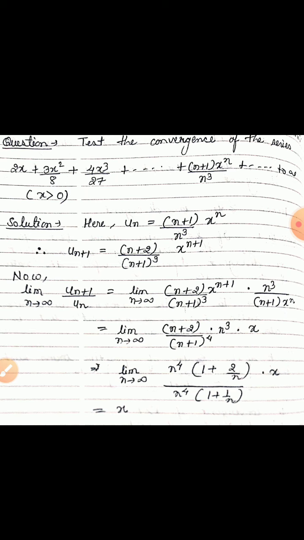Simplifying this, we get limit n tending to infinity, n plus 2 by n plus 1 power 4 into n cube into x. Taking the highest power of n common from numerator and denominator, we get n to the power 4, 1 plus 2 by n divided by n to the power 4, 1 plus 1 by n into x. When we put limit n tending to infinity, we are just left with x.